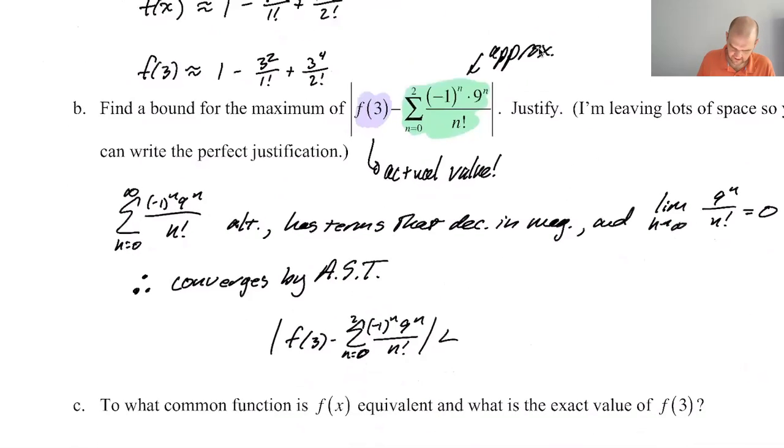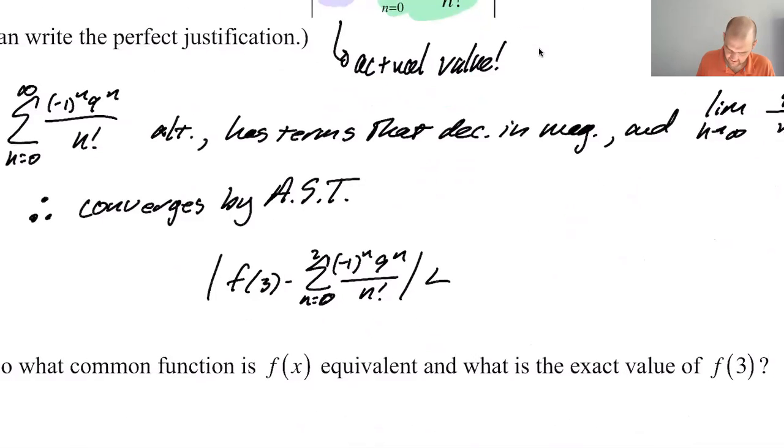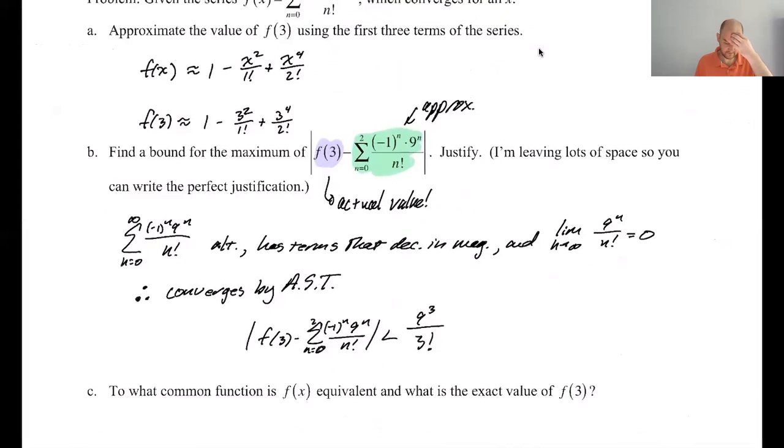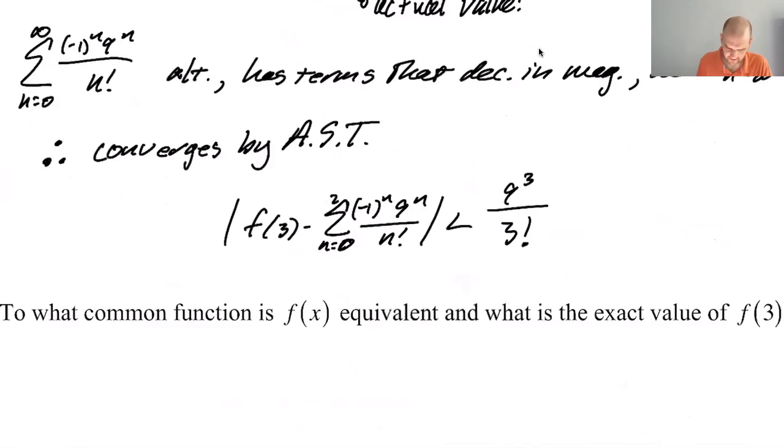Well, if I plug in 0, 1, 2, then plug in 3, it'll be 9 cubed over 3 factorial. Which is 3 to the 6th, which is why it looks different from what I wrote. But it's that.